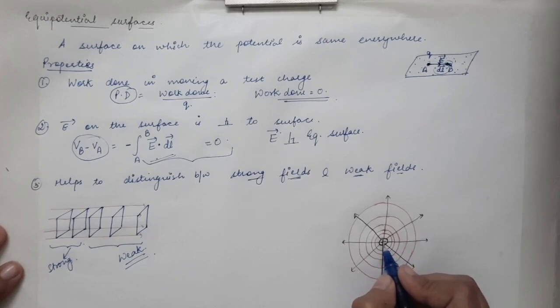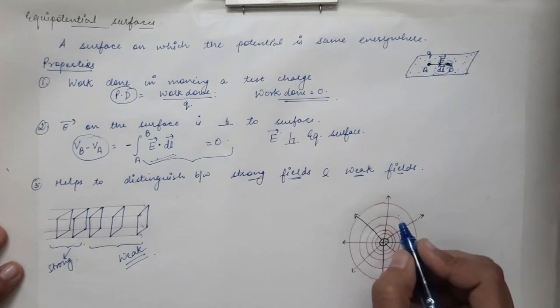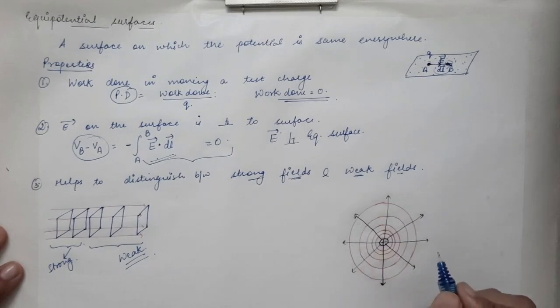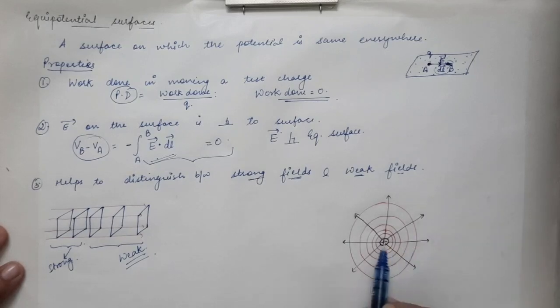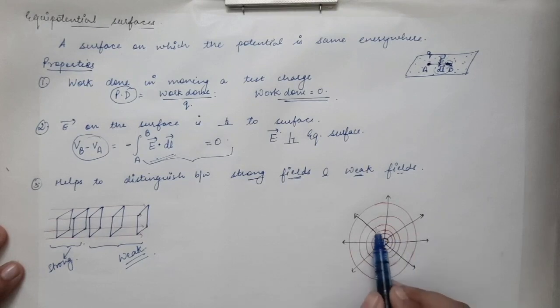At all the points on that particular sphere which we draw, the potential will be the same. Here I have drawn equipotential surfaces by these red circles.